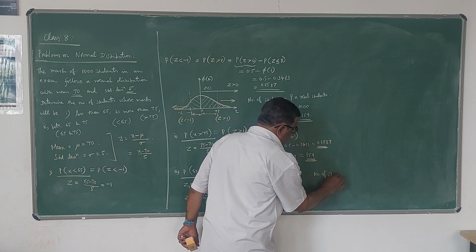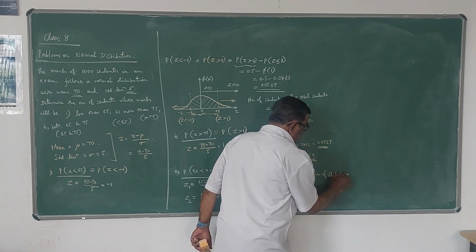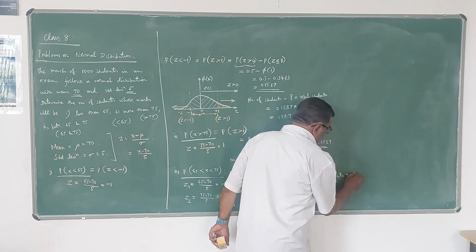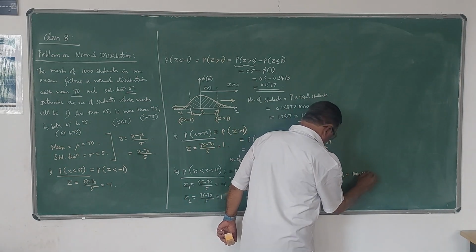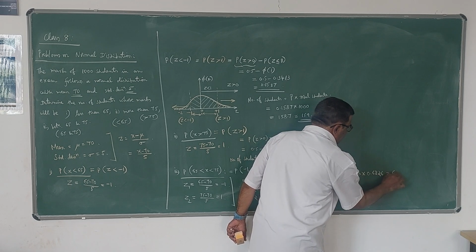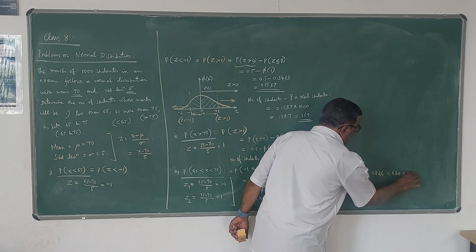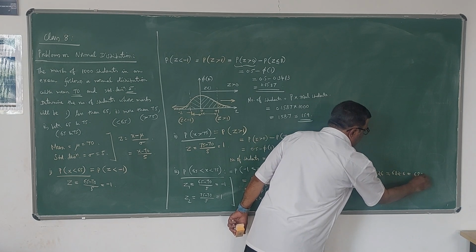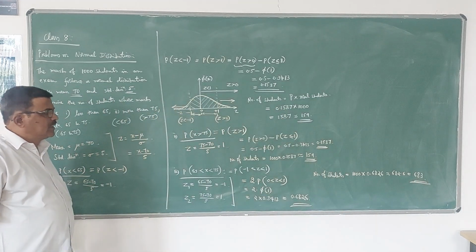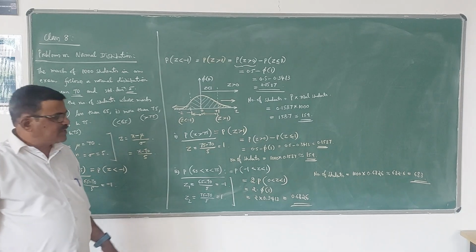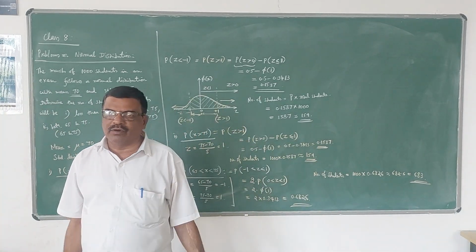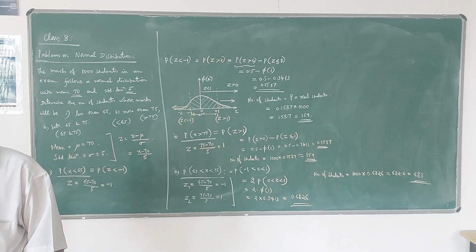When probability is multiplied by the total number of students, you will get the answer. So 1000 into 0.6826 is 682.6, so out of 1000 students, 683 students can get marks between 65 and 75.